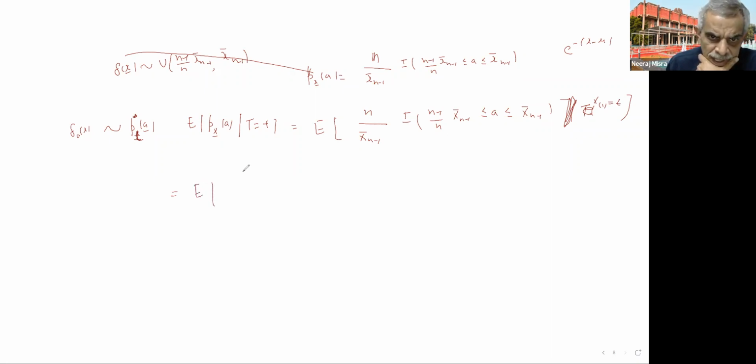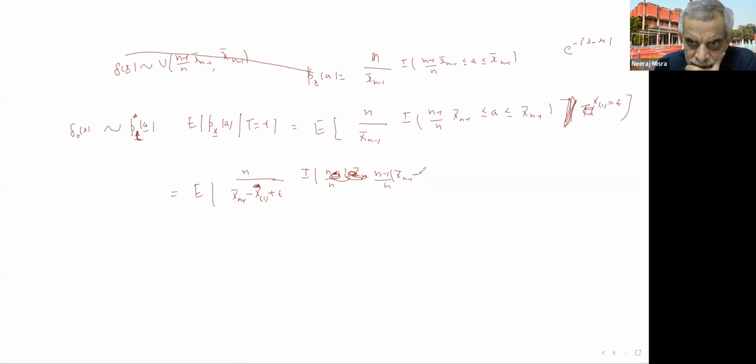So this is the same as the expected value of n upon x bar n minus 1 minus x1 plus t, because x1 is given to be the same as t, times the indicator of n minus 1 by n, x bar n minus 1 minus x1 plus t, less than or equal to a, less than or equal to x bar n minus 1 minus x1 plus t, given x1 is equal to t.